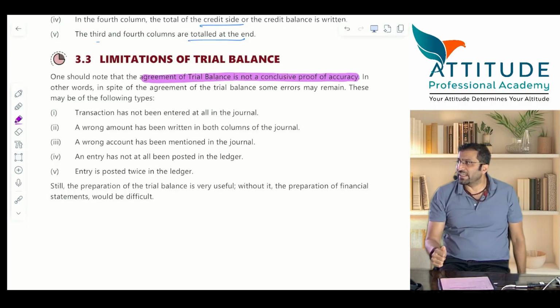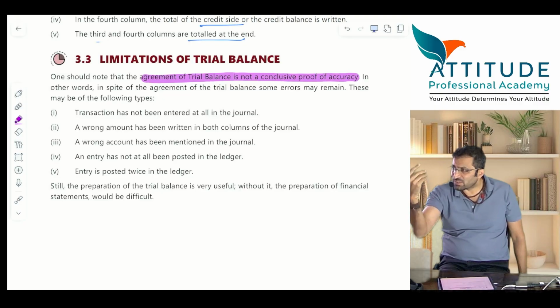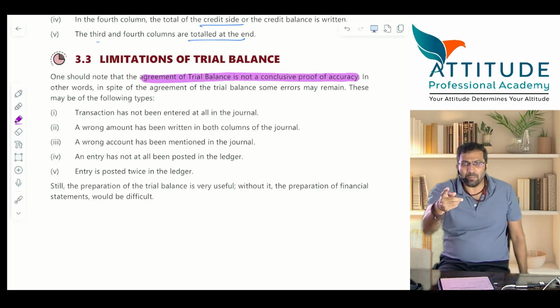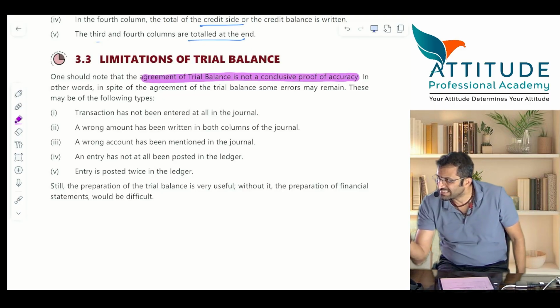Then what is the meaning? Tell me. Salary is paid, electricity bill is paid, but the accountant has not recorded that. Complete omission. When it is complete omission, it means that trial balance will still tally.